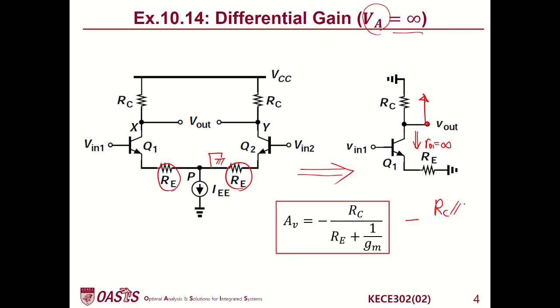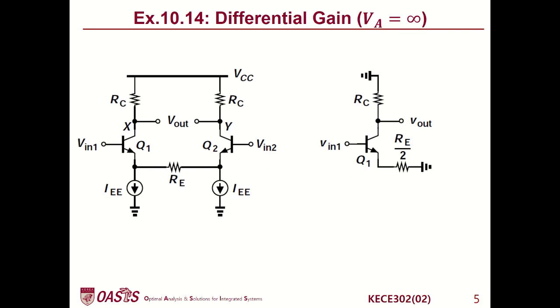So you don't need to write down RO1. It will be neglected as an infinite value. Divided by, starting from the emitter side AC ground, you will see RE, then you will see 1 over GM1. So that's your answer.